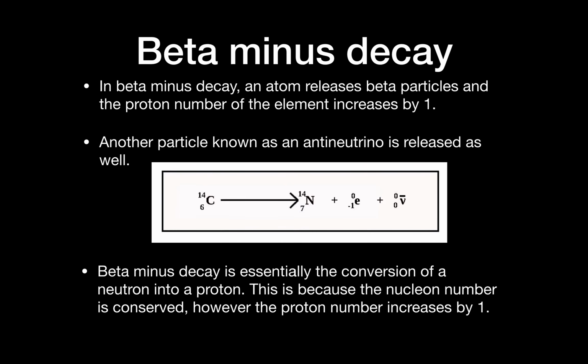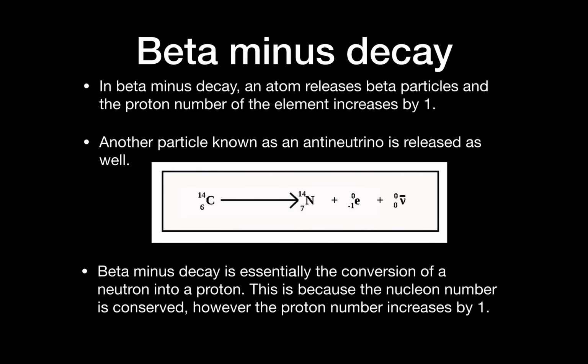So what do you mean the proton number goes up by 1? On the left and on the right, both the nuclei have 14 nucleons, right? So the nucleon number is constant. However, carbon has 6 protons, whereas nitrogen has 7. So for the nucleon number to be the same for both nuclei, but the proton number to increase, one neutron has to convert itself into a proton.